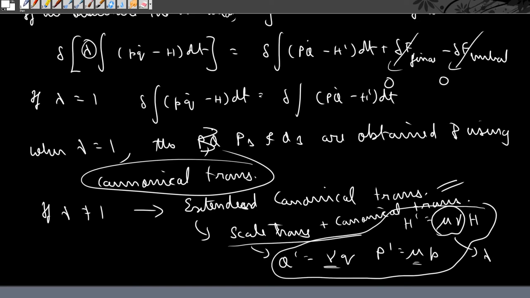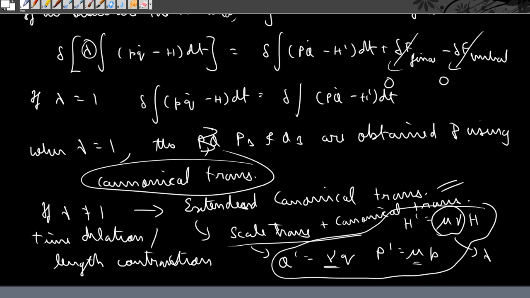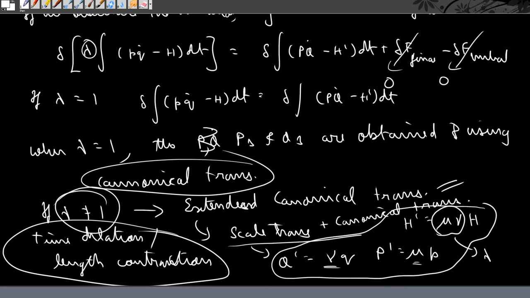The other usage of the scale transformation will be when we take into consideration relativistic effects, which involve time dilation and length contraction and so on, which we are not going to study in this playlist. So when we have these cases, we have to consider transformations where lambda is not equal to 1. But we are not going to do that.